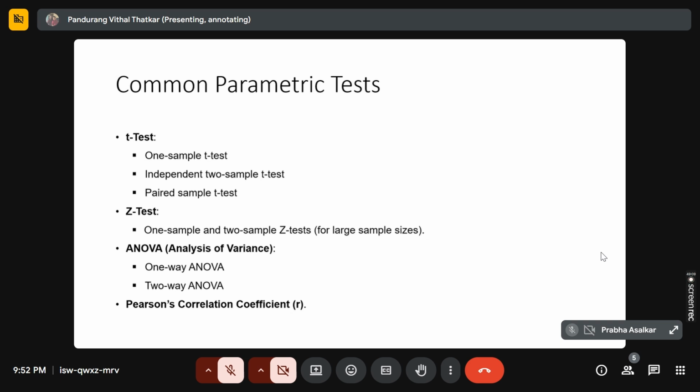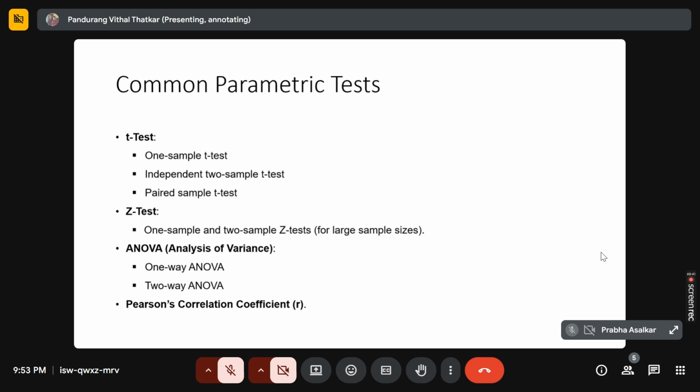Whereas z-test is an extension of t-test. When we have a large sample size, generally more than 30, we call it a large sample. In that case, we can use z-test. Again, in case of z-test, we have one sample z-test and two sample z-test. Then if we have more than two groups, in that case we can use ANOVA, or analysis of variance. It is an extension of t-test.